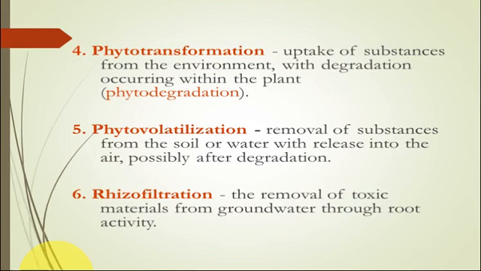The sixth one is rhizofiltration. Rhizofiltration is generally carried out by plants which have dense root systems, like Arundo donax. Arundo donax is a species of the grass family Poaceae, which has a very large amount of thick roots.